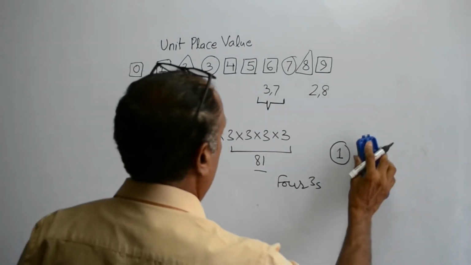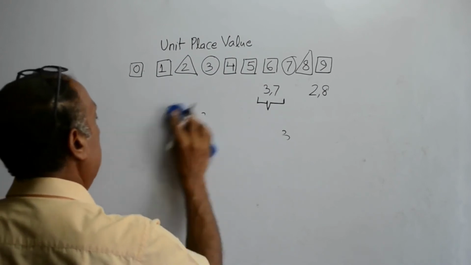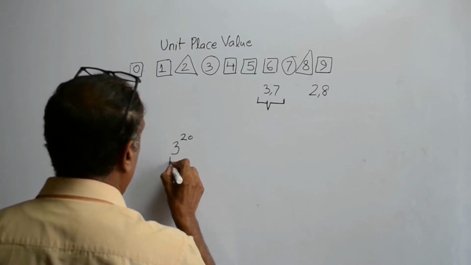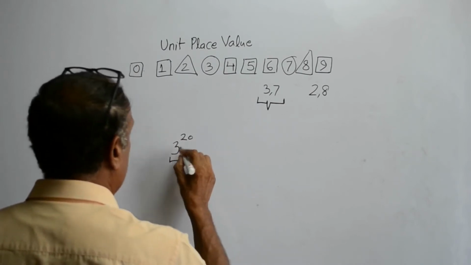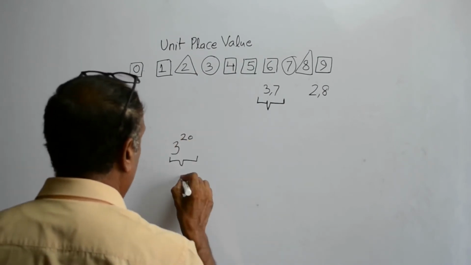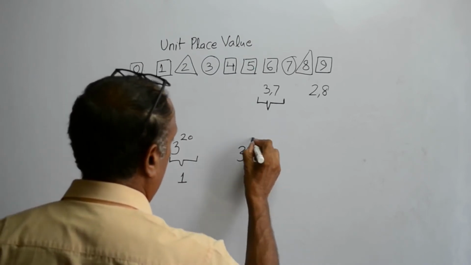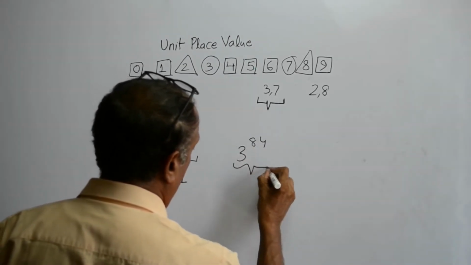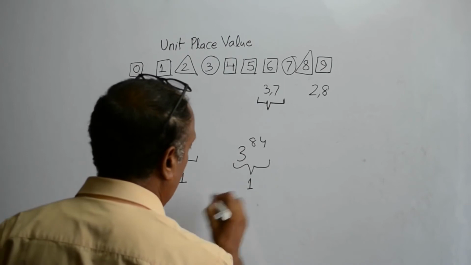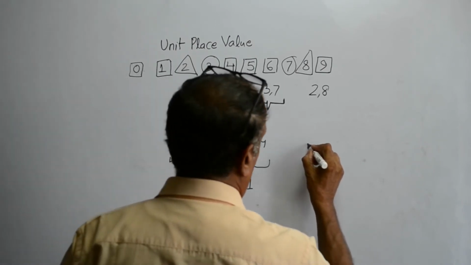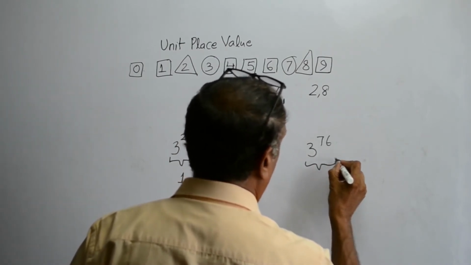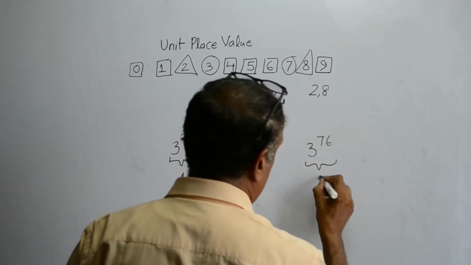It means 3 raised to any power which is divisible by 4 is going to give us 1 as the last digit. 84 is divisible by 4, so 3 raised to power 84 will give us 1 as the last digit. 76 is divisible by 4, so 3 raised to power 76 will give us 1 as the last digit.